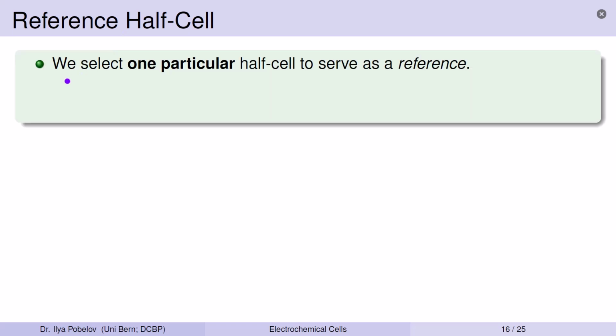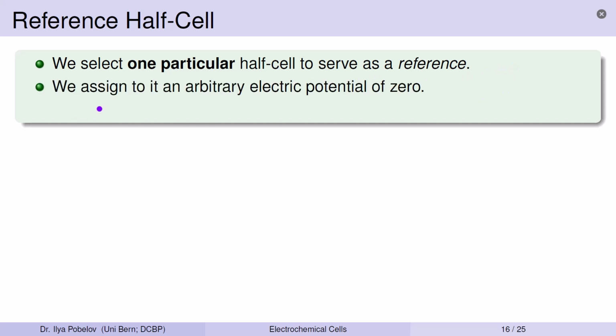In addressing the challenge of measuring half-cell potentials, a practical approach is adopted in electrochemistry. We select one particular half-cell to serve as a reference, to which we assign an arbitrary electric potential of 0.